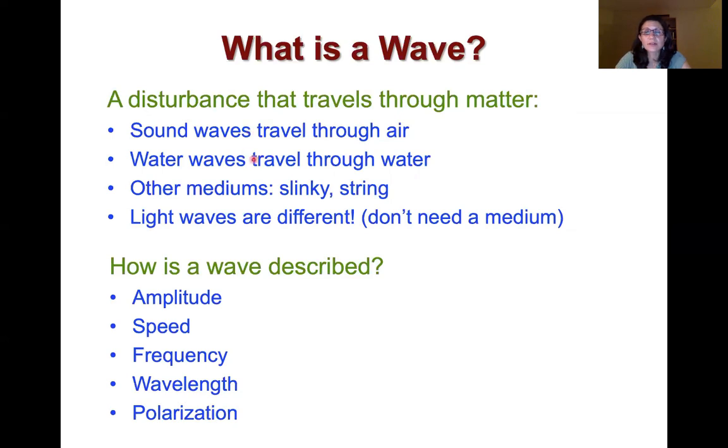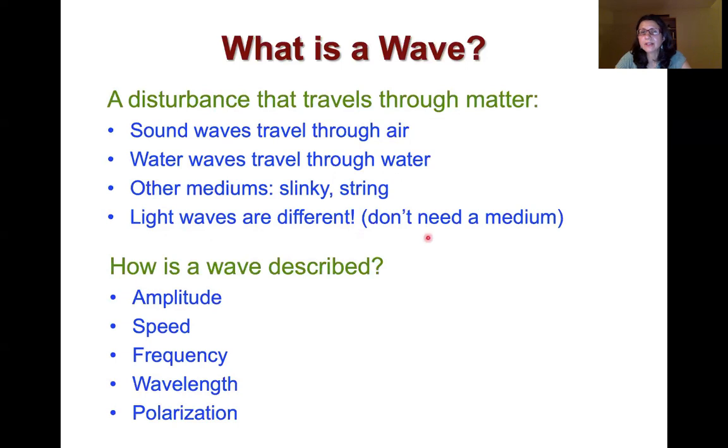Water waves travel through water, so the medium is the water particles, and there are other types of mediums through which you can create waves, such as slinkies or strings. You'll see a little simulation in DL where you look at a wave on a string. And then, as I mentioned, we will talk about light waves.